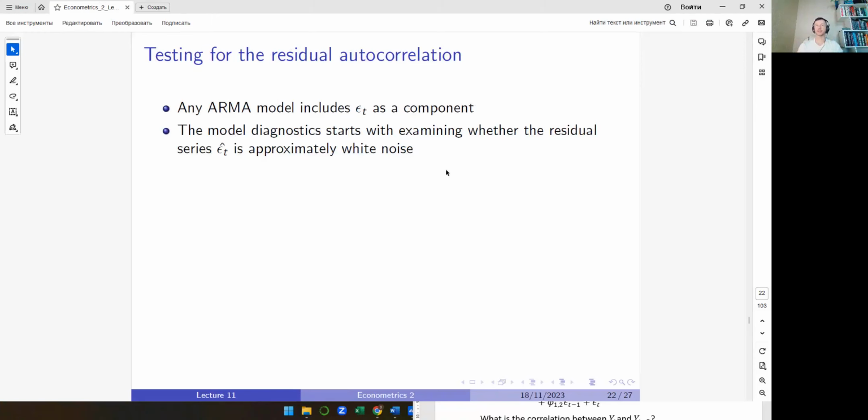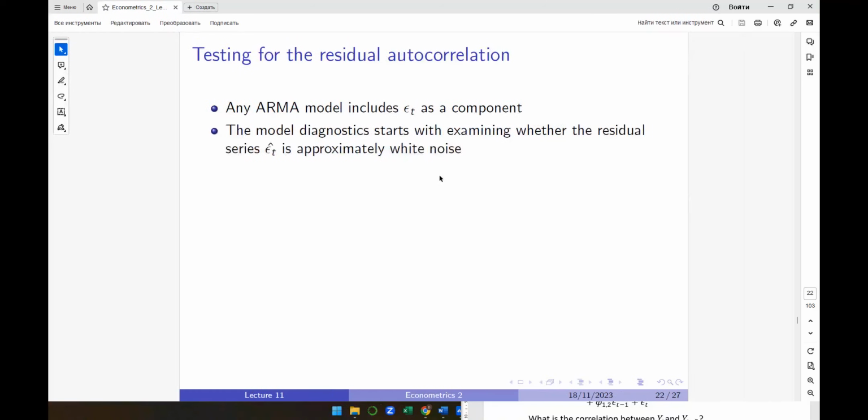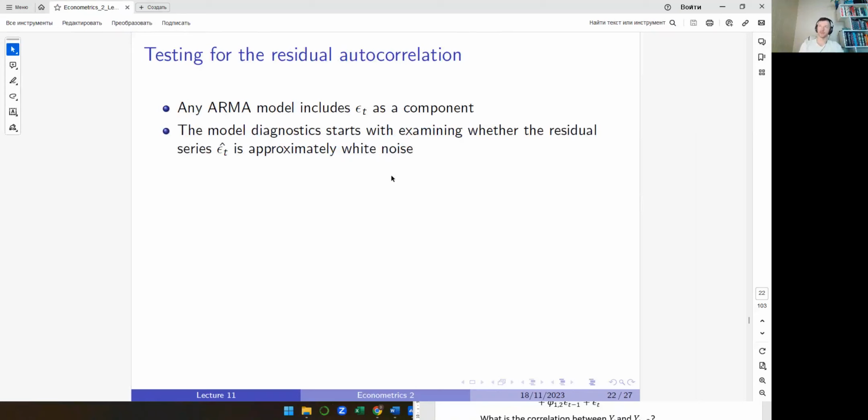Starting with examining these residuals, they must pass all tests that they are white noises. This is important. If you see that the series of residuals still have some autocorrelation structure, we should go back and correct our initial model, because not everything has been captured in the model.